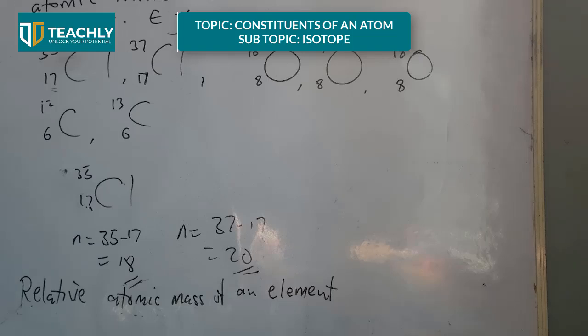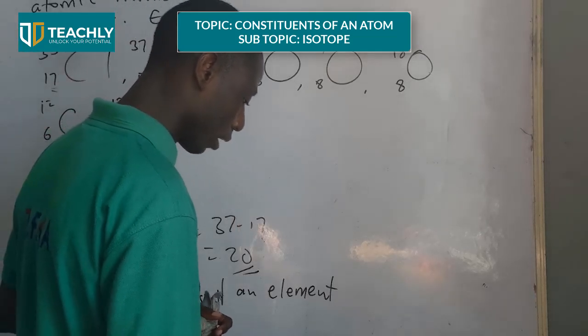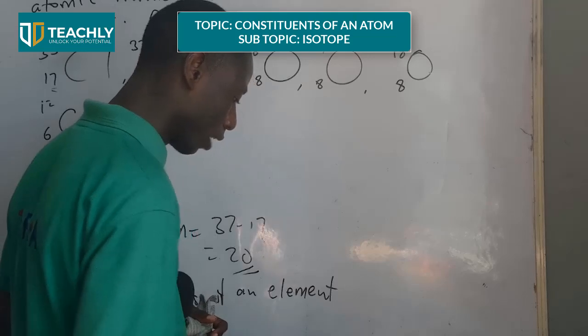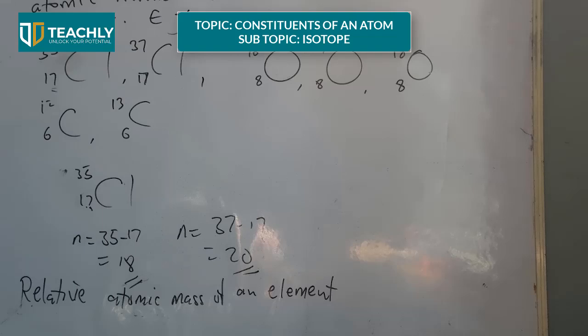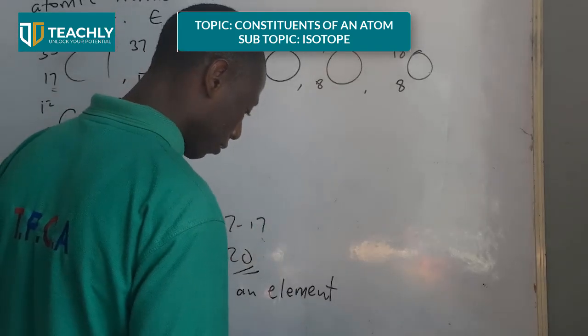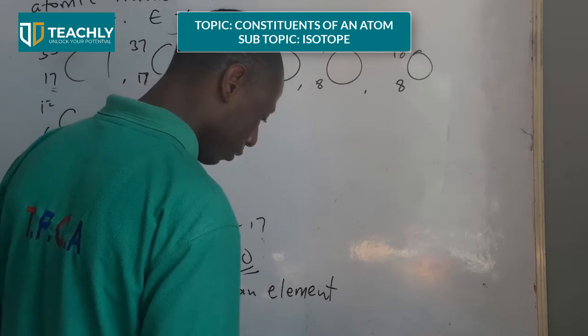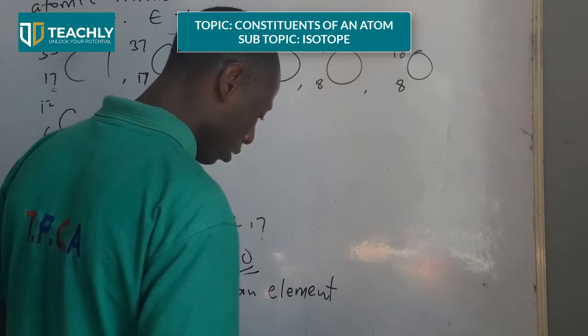That means average mass number, and that has to do with the relative atomic mass of an element. We can use that because they undergo isotopy. So there is a need for us to get the average of their mass numbers, and we can get that by getting their relative atomic mass.